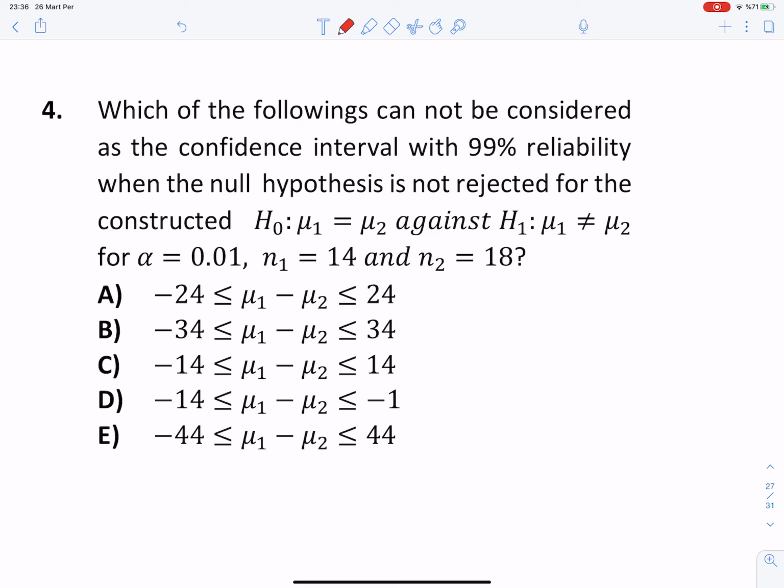In this question you're not told about the population variances, whether they are homogeneous or heterogeneous, so you don't need to bother about this.